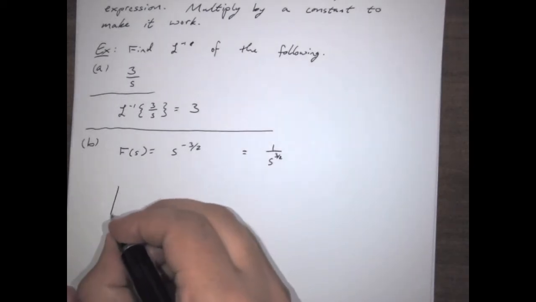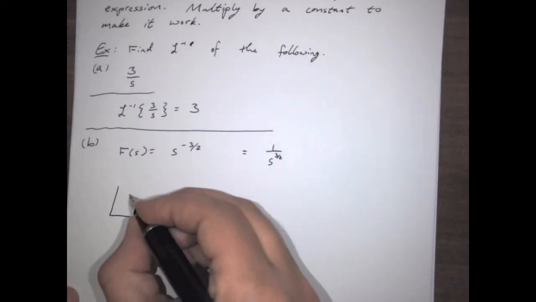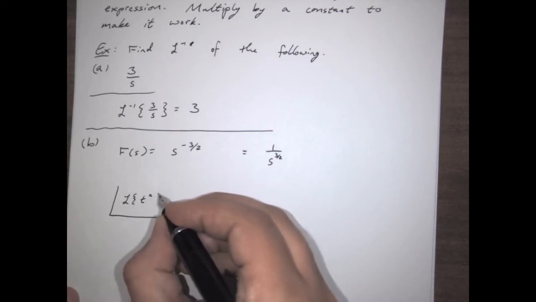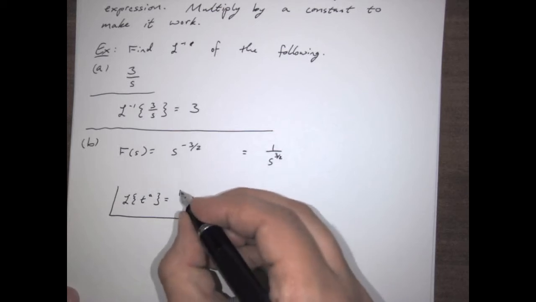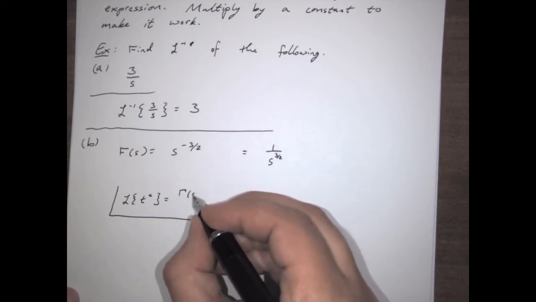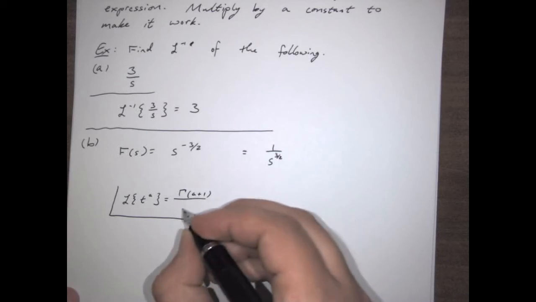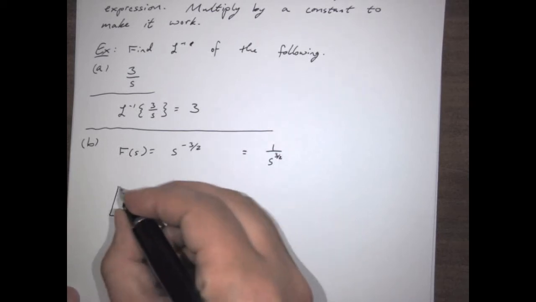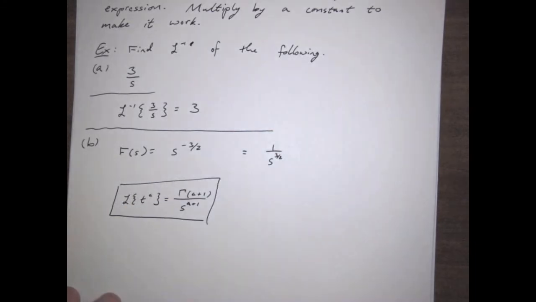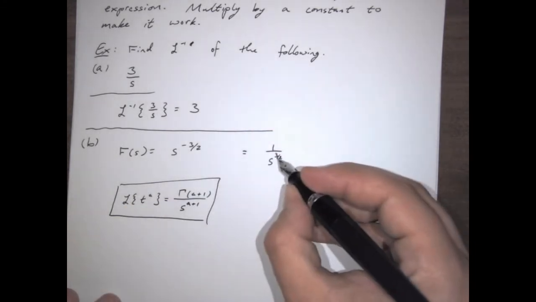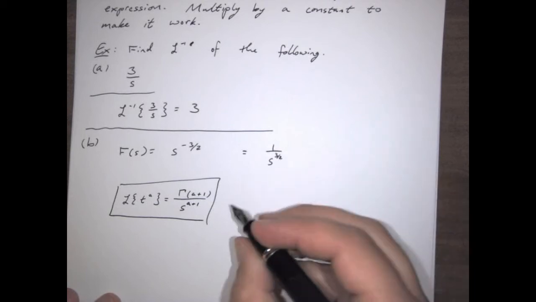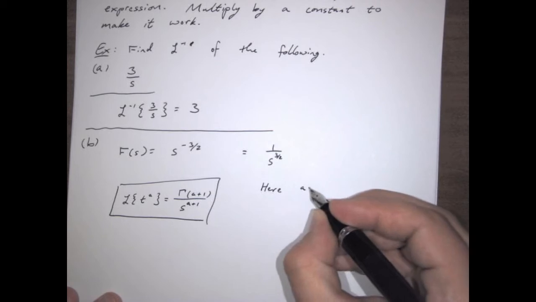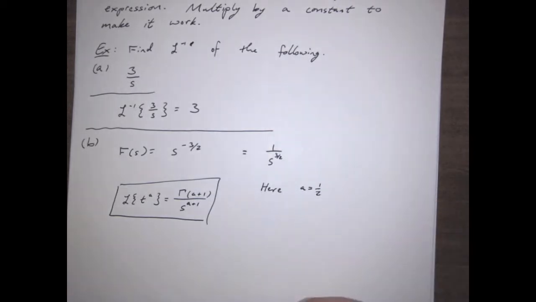So recall that the Laplace transform of t to the a is equal to gamma of a plus 1 over s to the a plus 1. So we're clearly dealing with this here, with a being 1/2. So here, a equals 1/2.